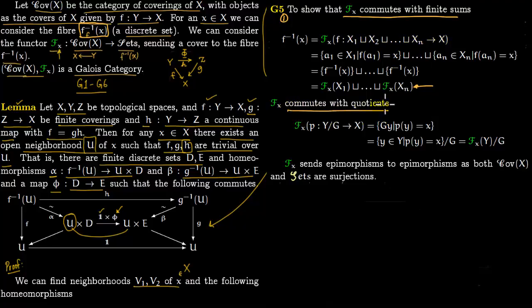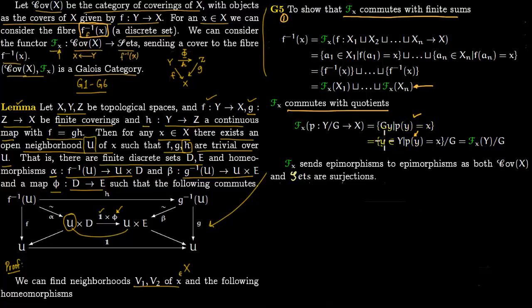Second is commutes with quotient. So this is just group action. Again, f of x acting on this kind of a projection map, you have to think in terms of fiber over x. So you are just thinking of all those points y which are getting mapped to x, and these points y are getting acted upon by group G. And then basically you recopy it here.